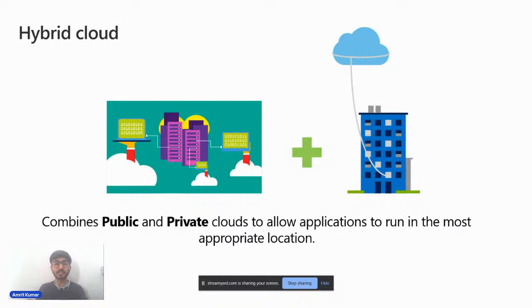Hybrid cloud, as the name suggests, combines both public and private clouds to allow applications to run in the most appropriate locations. So let's take an example: in some places we need a few individuals to connect to our organization's cloud, but they might not be from our company.